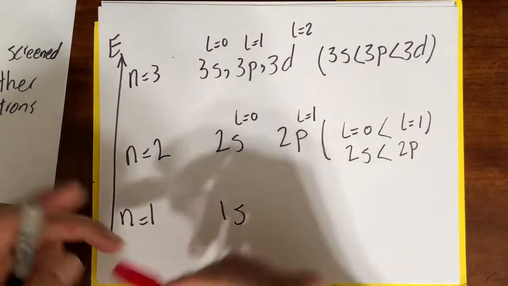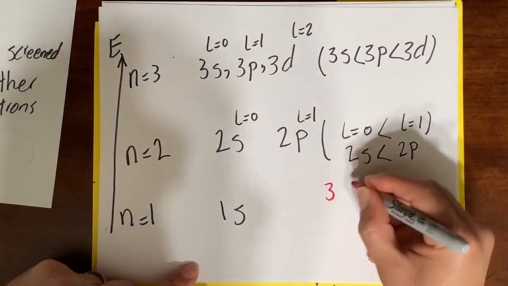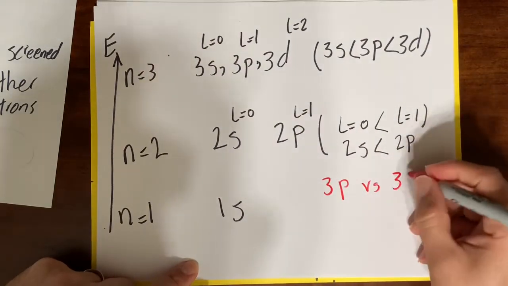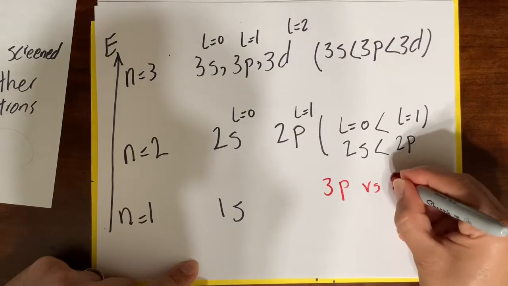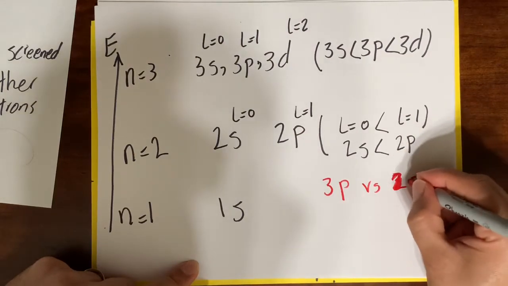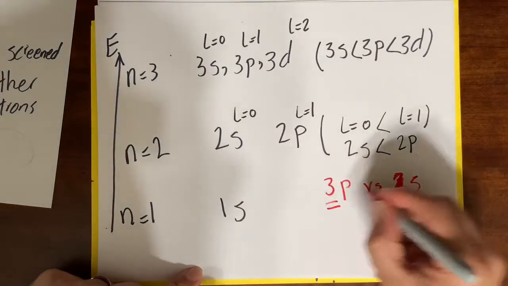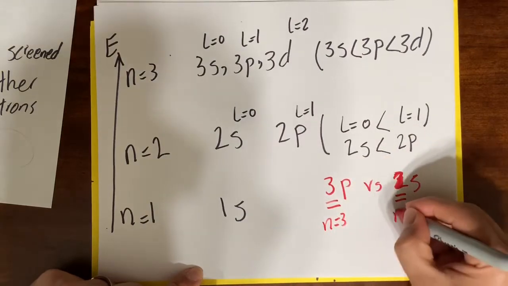And if you are considering orbitals at different levels of energy, for example, 3p versus 2s, in this case, I look at n. n equal 3, n equal 2.